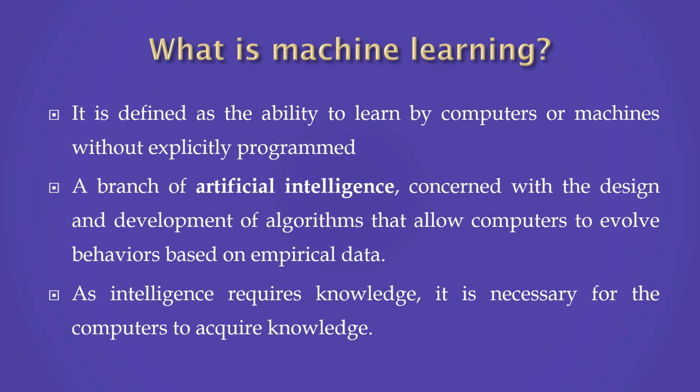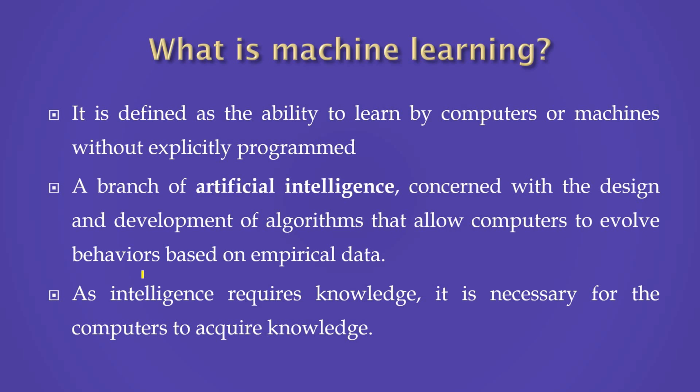Coming to the first one, what is the meaning of machine learning actually? In the past videos we have seen that machine learning means making machines learn, to acquire new knowledge and new information, to carry out a certain task or problem. One more thing we need to remember: machine learning is a part and parcel of artificial intelligence.